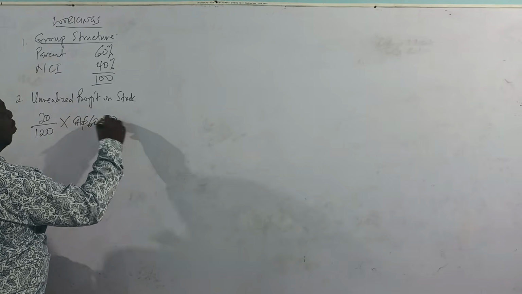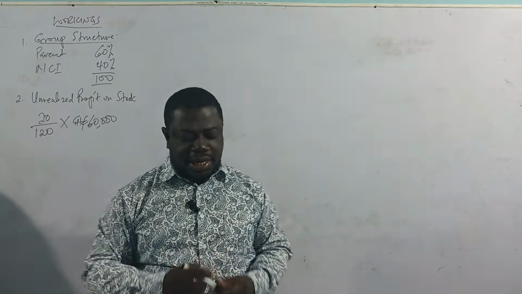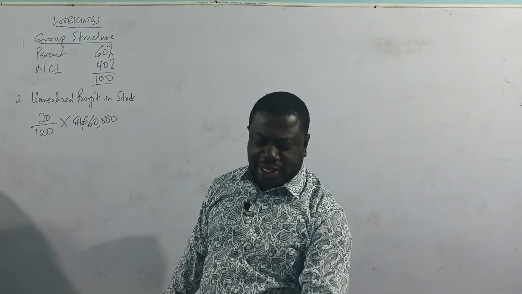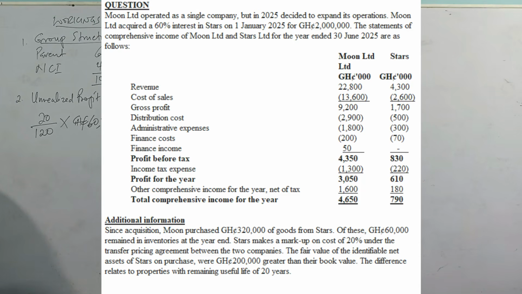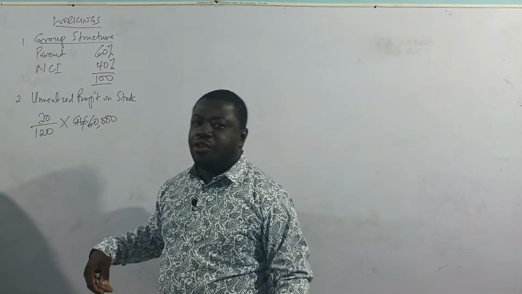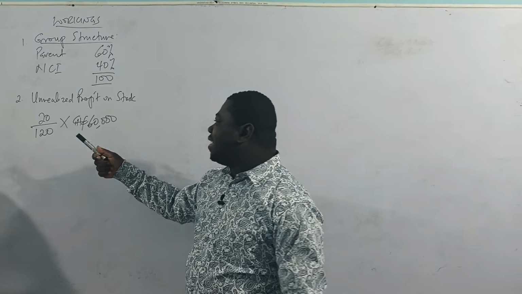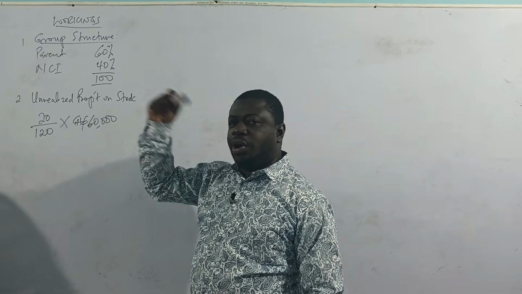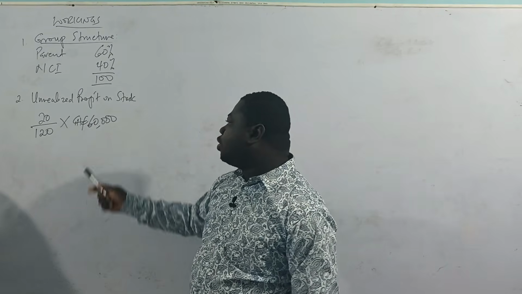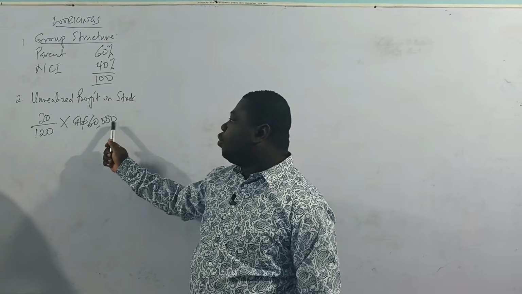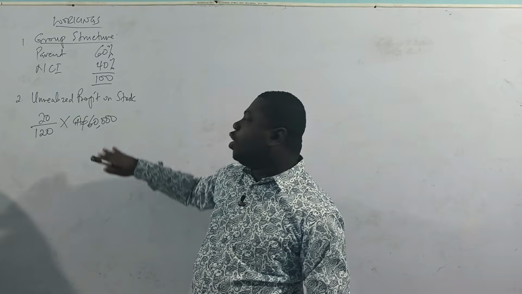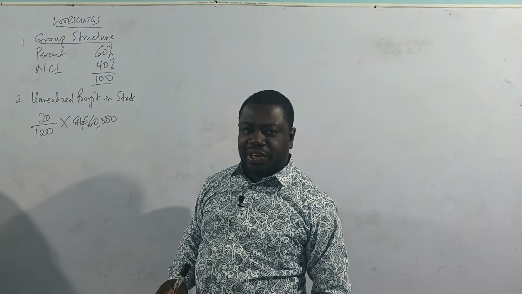Now, let me also bring your attention to something: in the financial statement, you realize that after the Ghana cedi sign, there are 3 zeros up. But in the additional information, they did not show those 3 zeros. So even though we have gotten 60,000 here, when we are recording in the consolidated financial statement, we're only going to record 60 because we are going to show 3 zeros up, which will take care of the final 3 zeros here.